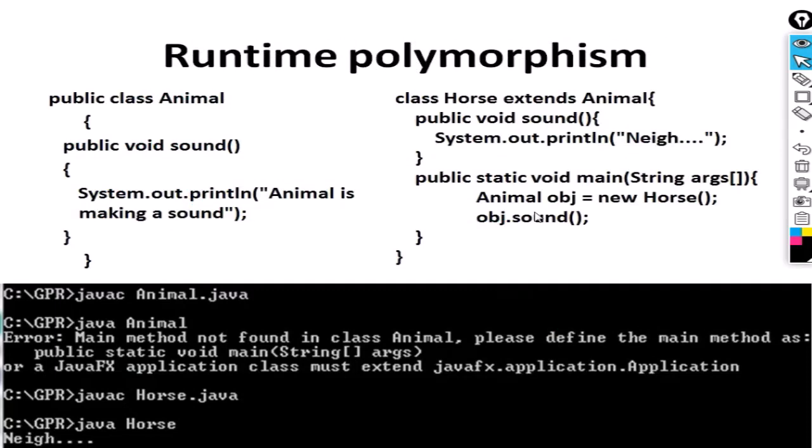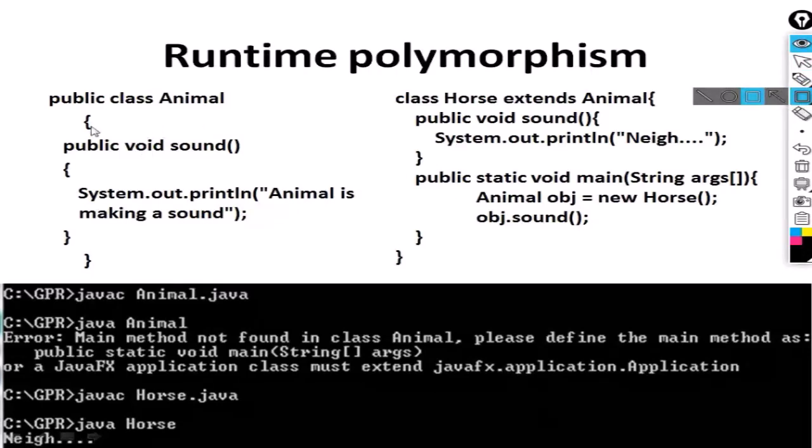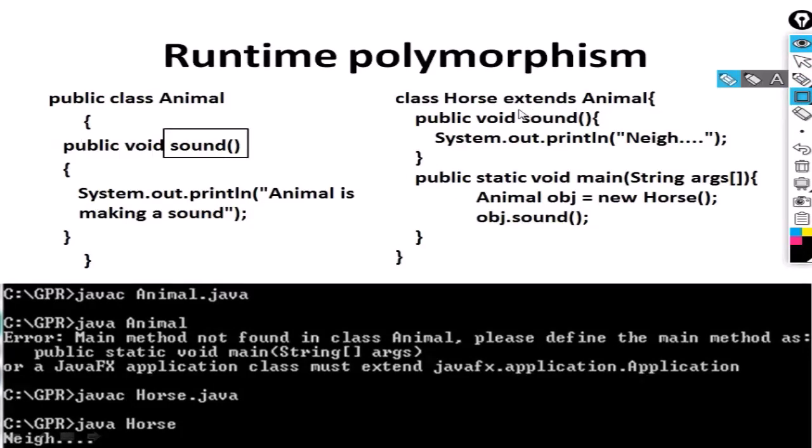So let us see runtime polymorphism here. We have an Animal class, and here we have a sound method. Horse extends from Animal, and here we have the same method, sound.